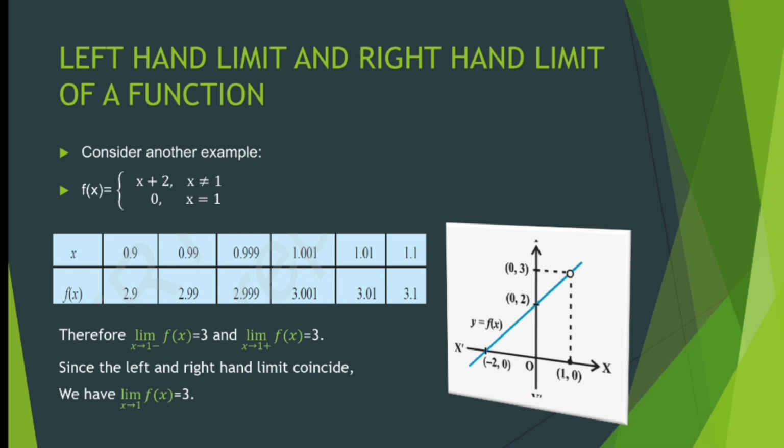In a similar manner, for different values of x, we get different values of f(x). Here we can observe that limit as x approaches 1 minus of f(x) equals 3. Also, limit as x approaches 1 plus of f(x) equals 3. Since the left and right hand limits both coincide, we have limit as x approaches 1 of f(x) equals 3. This can be observed from the graph also.